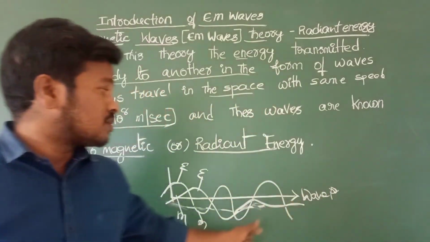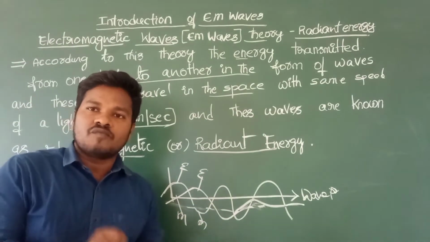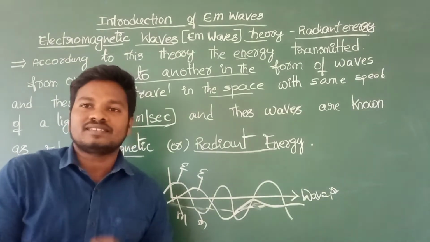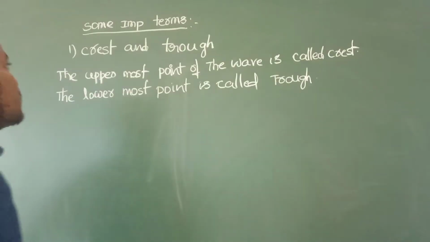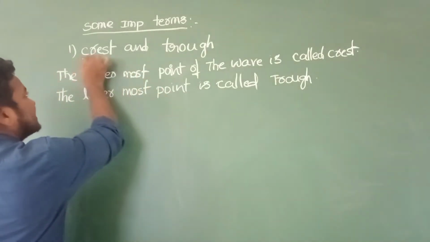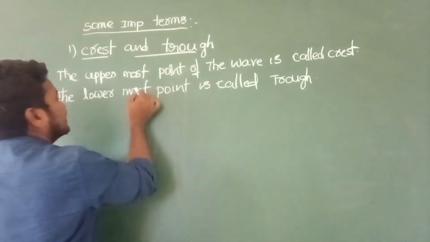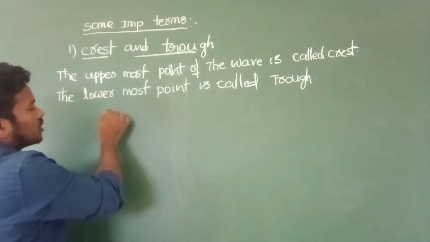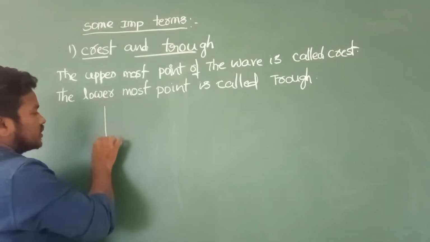Now we will discuss some of the important terms of waves. Before going into detail, we have to discuss some basic things: crest and trough. The uppermost point of the wave is called the crest. The lowermost point of the wave is called the trough.